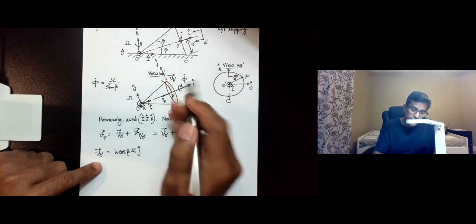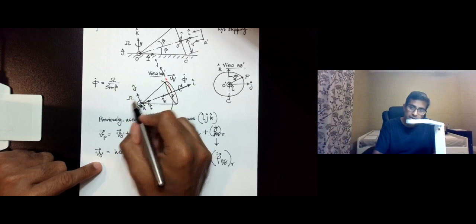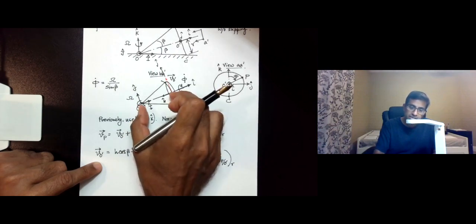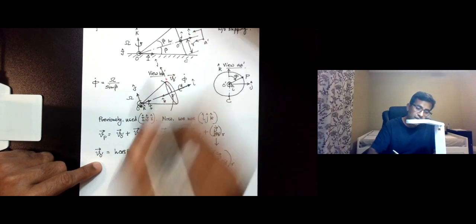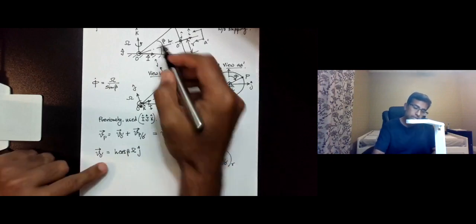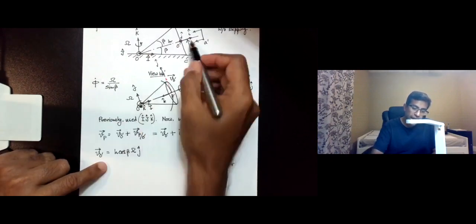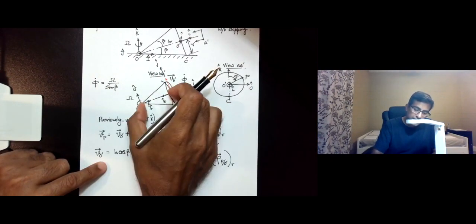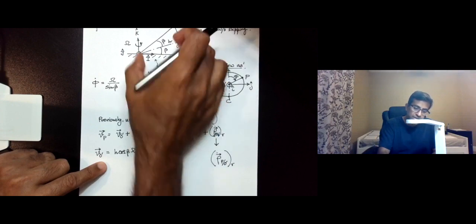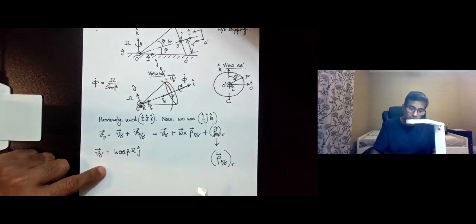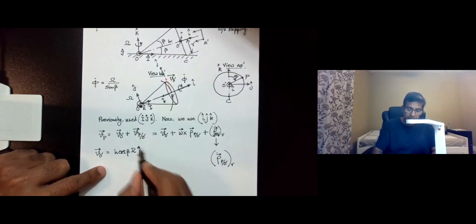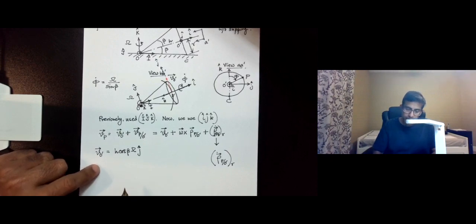The magnitude of this vector is nothing but the angular velocity times this distance. Now this distance, if I denote the height of the cone by h, then this distance is h cosine beta, because it's the projection of this height on a horizontal surface. So h cosine beta omega j is the velocity V O prime.